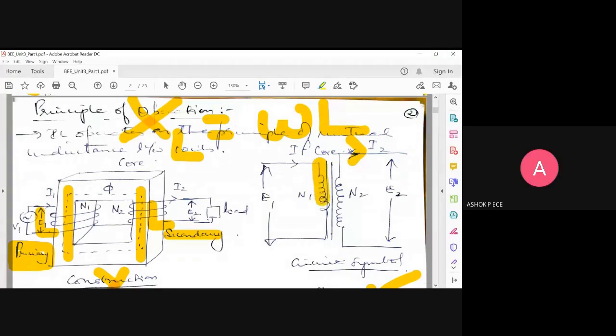Yes, this winding will act like a short circuit. Because of the short circuit, very heavy current will flow through your primary, thereby damaging your primary. So before even the induction happens, your primary coil becomes unavailable. It will become disintegrated. That is the reason you will not expose the transformer to DC by mistake.